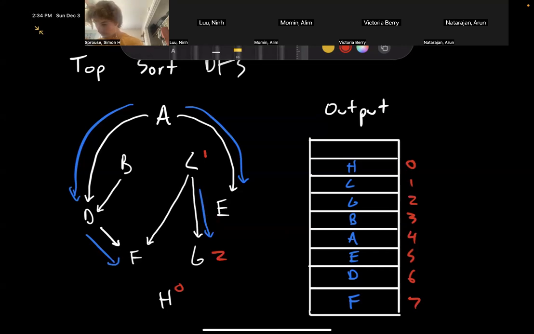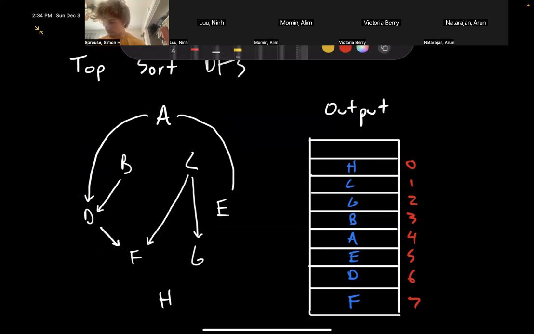B is going to be 3, A is 4, and then we got 5, 6, 7. That's a totally valid top sort ordering, and it's done using DFS, which is a little bit different. So let me run through that to make it clear what's actually going on.